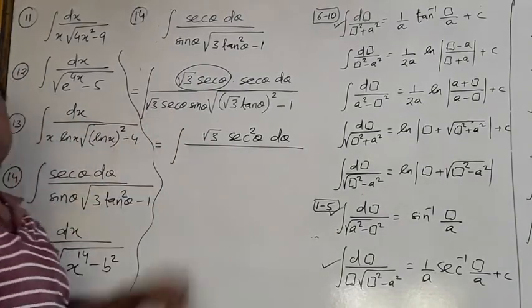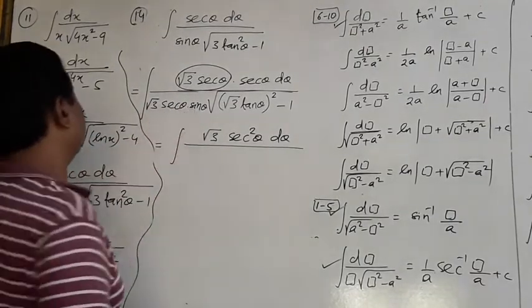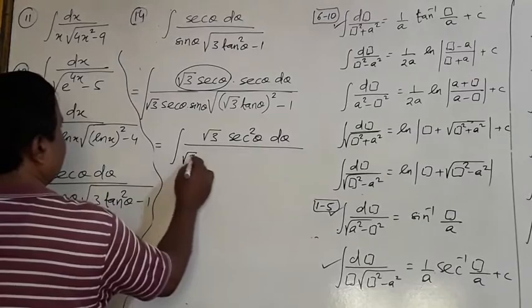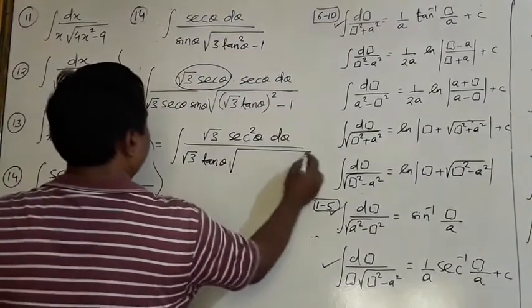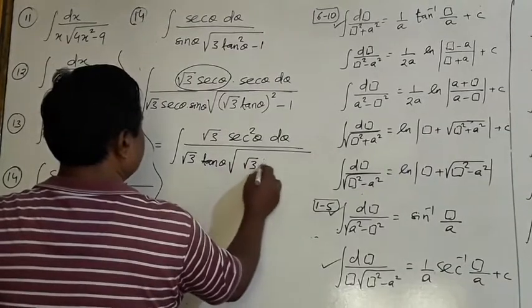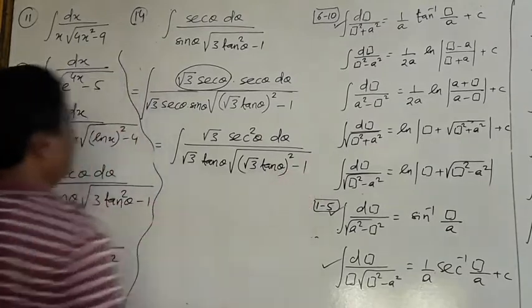Sec theta means 1 by cos theta, 1 by cos theta into sin theta, that is tan theta. So root 3 tan theta, root over of root 3 tan theta whole square minus 1.